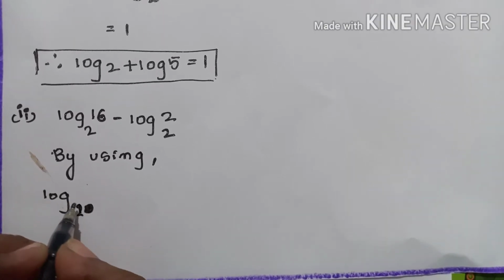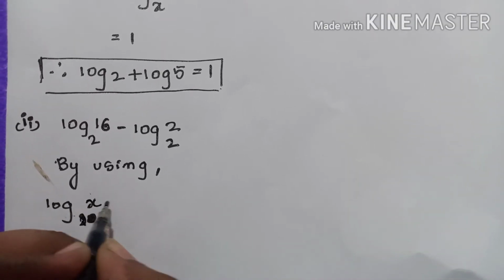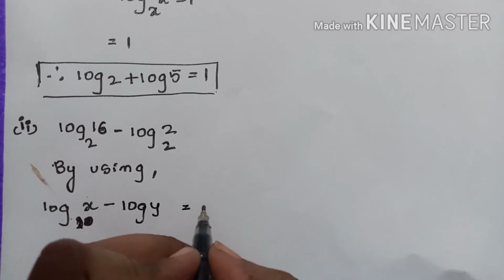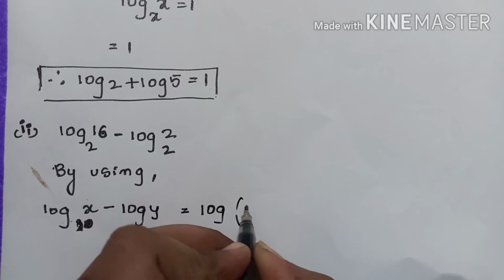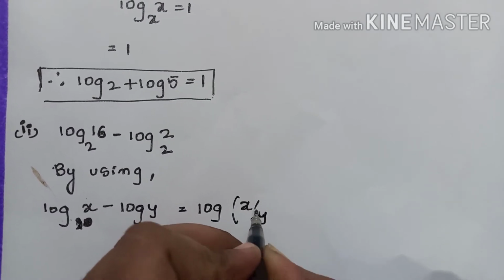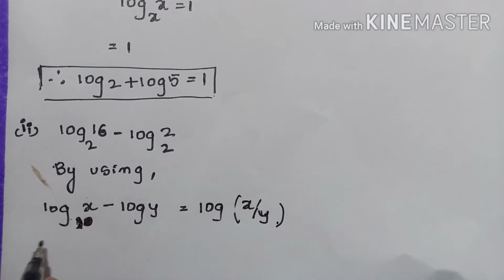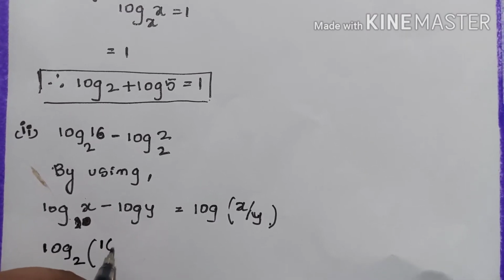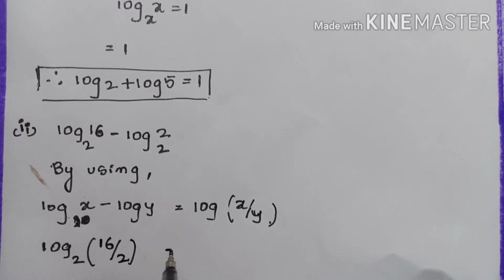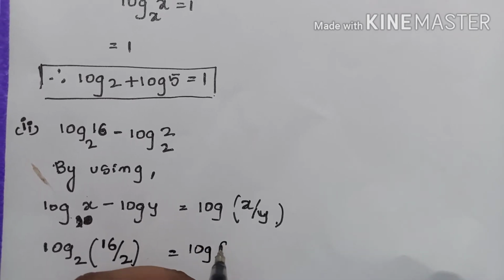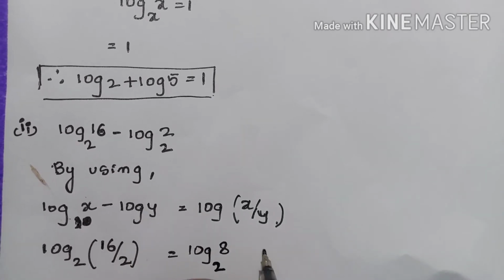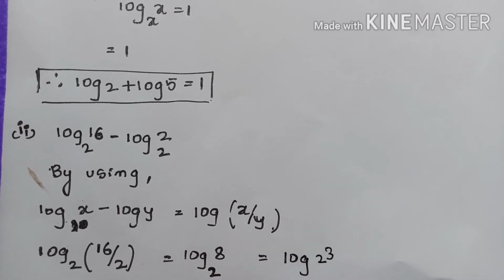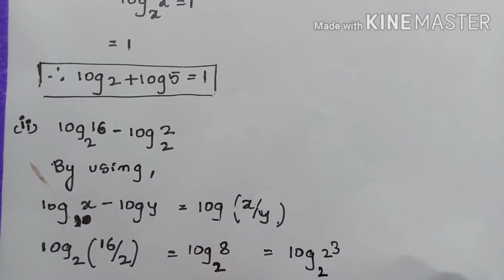Using the property log x minus log y gives log x by y, so this becomes log 16 by 2. Log 16 by 2 is nothing but log 8 to the base 2, and this 8 can be written as log 2 cube base 2.